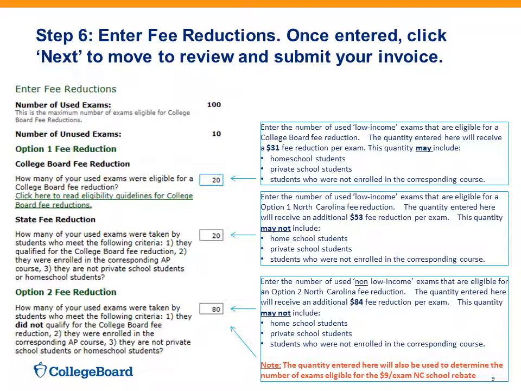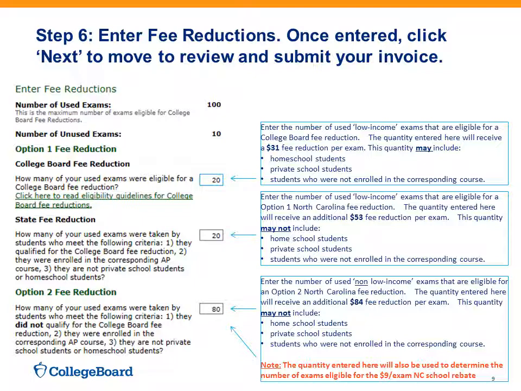So out of this example, there were 100 used exams, 20 had a fee reduction, so that left 80 that did not. So basically you're just going to subtract the number of fee reductions you had from the whole to get the option 2 fee reduction. So this is for all of the kids who did not qualify for the College Board fee reduction, but again, the state is going to cover that cost.